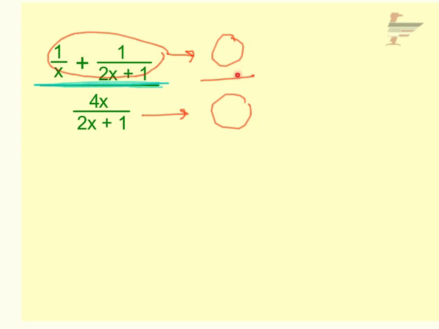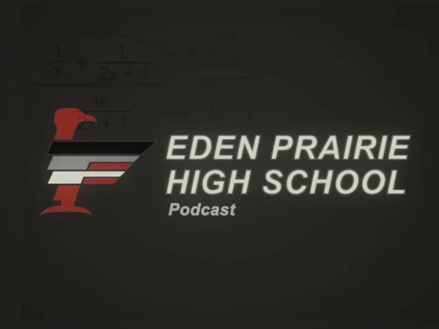And then instead of doing this division, we would change it to multiplication and flip our second fraction. So a complex fraction just uses all the skills that you've been learning. You're adding and subtracting fractions, and then you're dividing, which changes to flip and multiply. So work hard on this chapter, because when you get a problem like this, it kind of ties it all together.